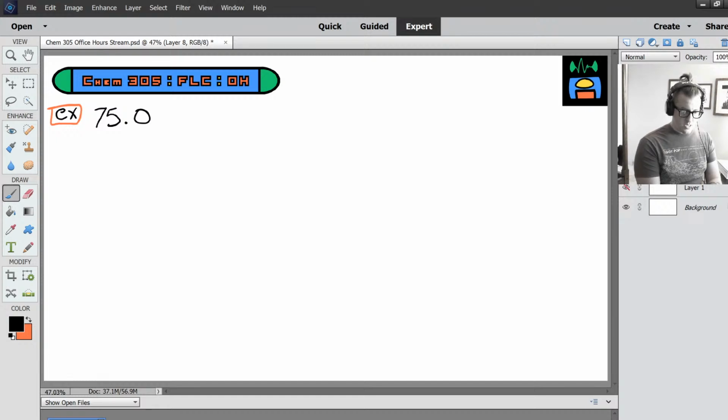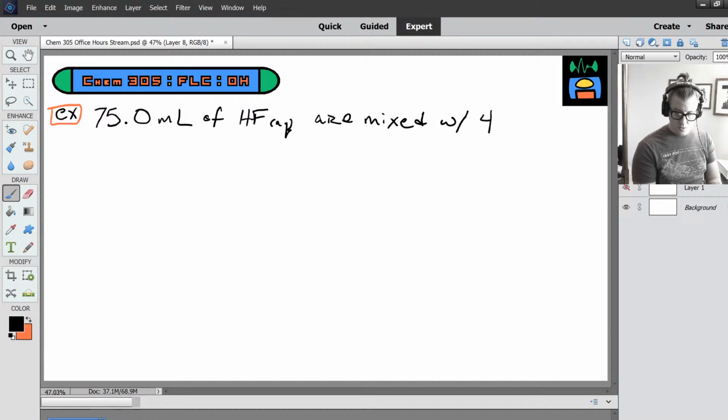Suppose .0 milliliters of aqueous hydrofluoric acid are mixed with 42.0 milliliters of calcium hydroxide.